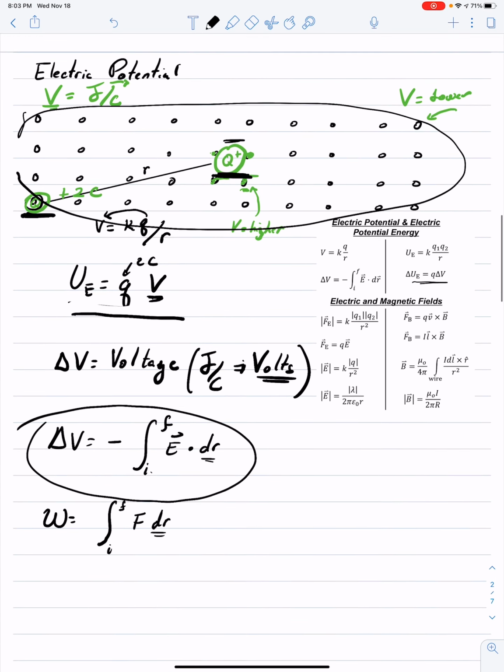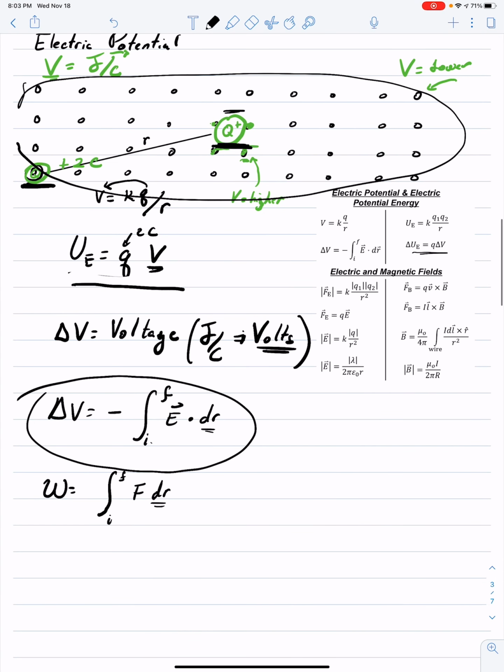Okay? What I mean by this is that once you start converting, look at what this equation is, the one that I'm highlighting for the PRC. We change it: work equals Q, charge, times the electric field, times the infinitesimal distance.